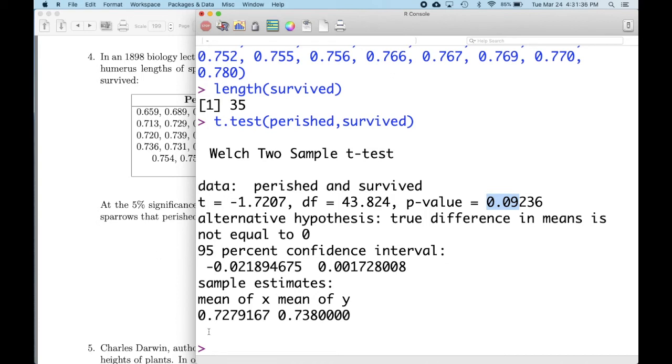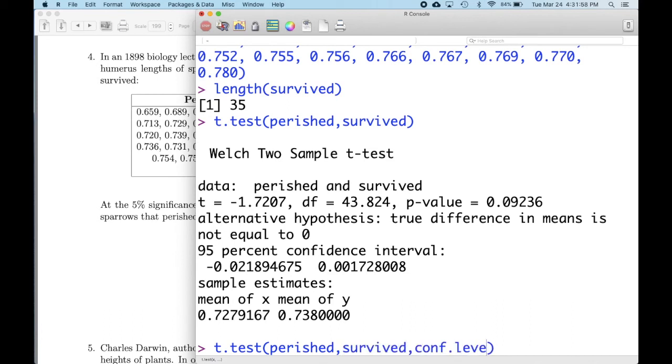The last thing I want to point out, again, if I wanted to do a t-test where, let's say I wanted to know, I know the p-value, so I'm just going to cheat slightly, but let's say I wanted to know not at the 5% significance, but maybe 10% significance. So t.test perished, survived, those are our data points.